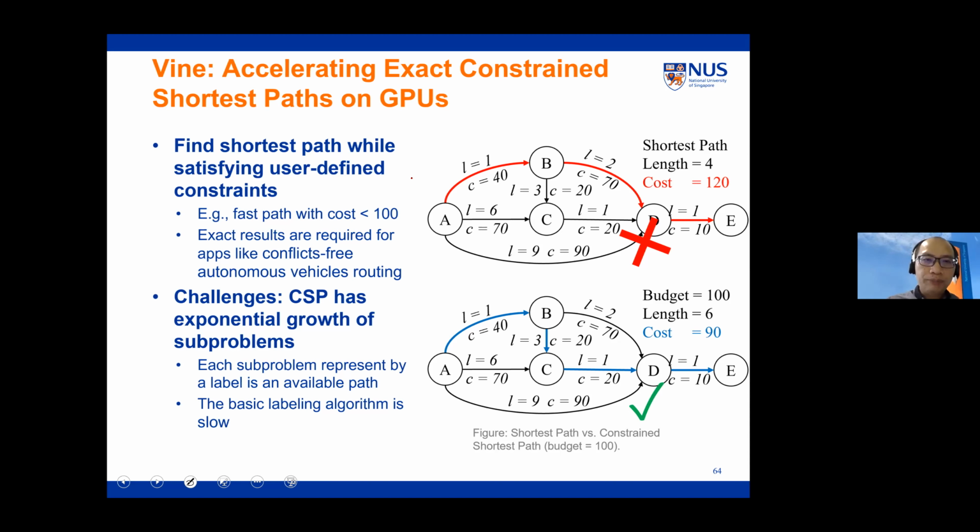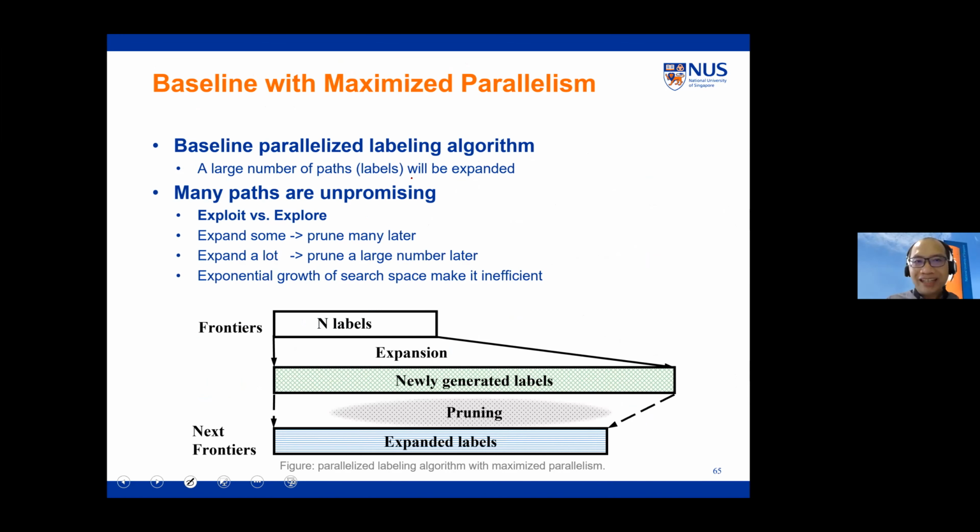A standard solution is the label propagation solution. In label propagation, the process looks like this. We maintain a frontier of potential solutions, which we call labels.